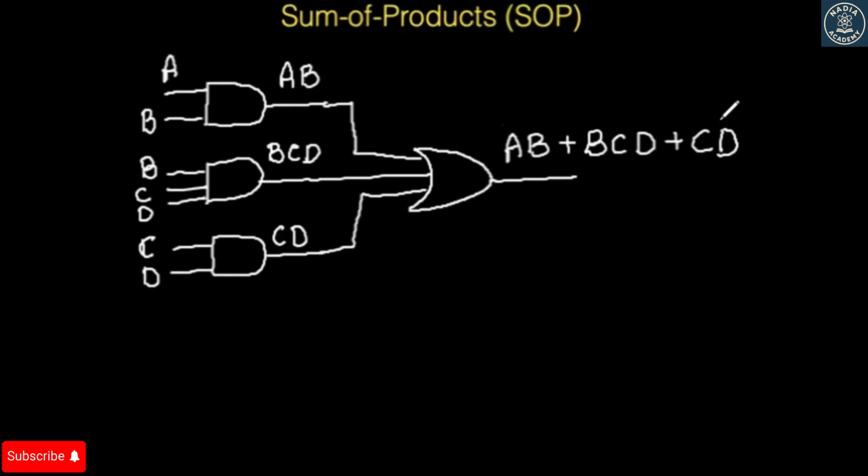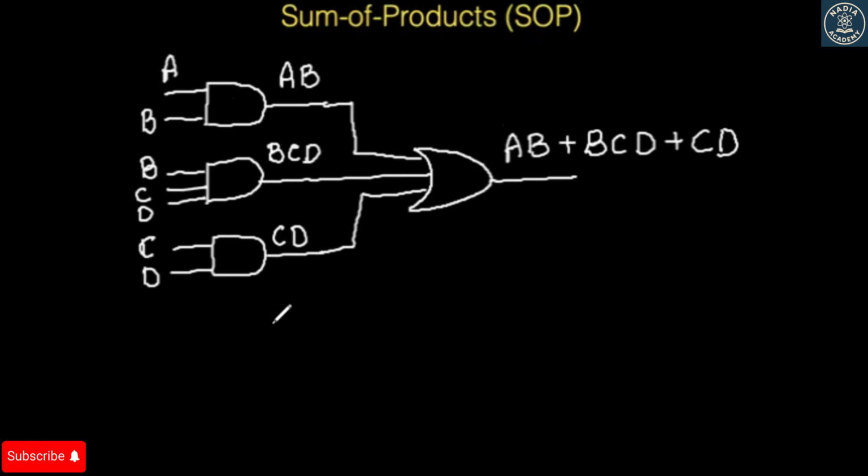This means that an SOP, a sum of products expression, can be implemented with an OR gate and two or more AND gates.